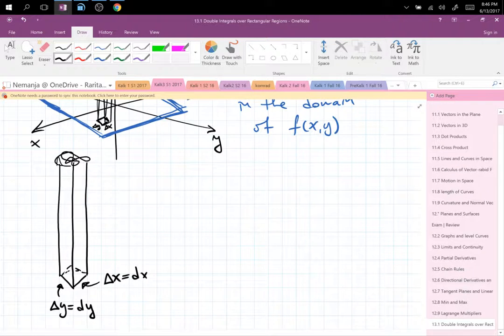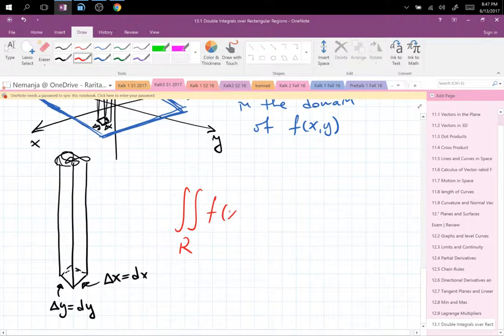Now, when you look at this, we have the same thing that you had for your Calc 1 using the Riemann sums, except now these Riemann sums are operating on a two-dimensional domain, which means that we have a summation for x and y. So what is the double integral definition over rectangular region R for f of x, y, which I'll call dA?